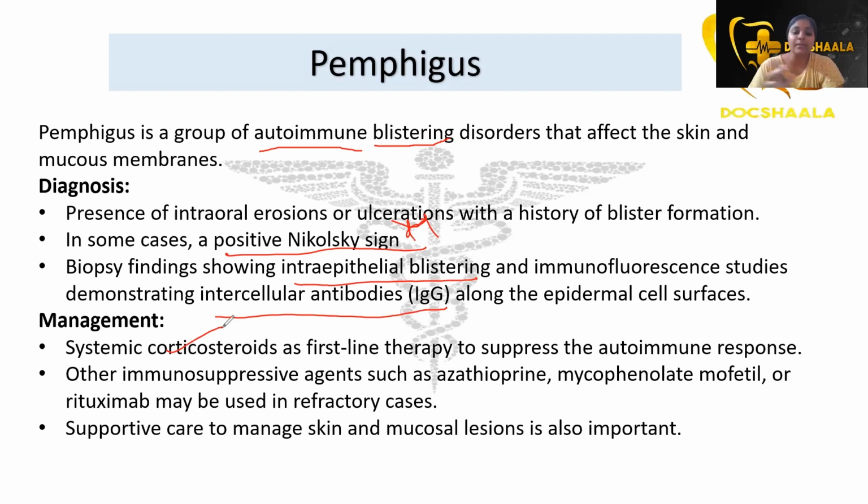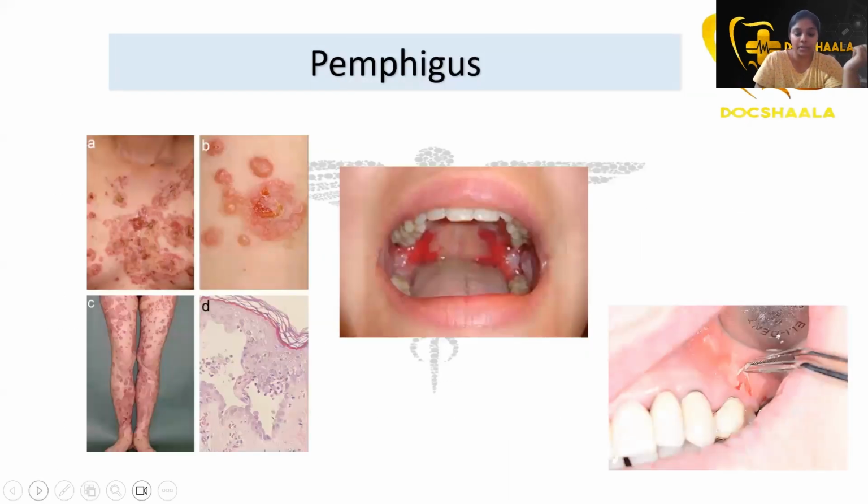Other immunosuppressive agents which we use are azathioprine, mycophenolate mofetil, or rituximab. Supportive care to manage skin and mucosal lesions is important. That is, we give topical corticosteroid creams.